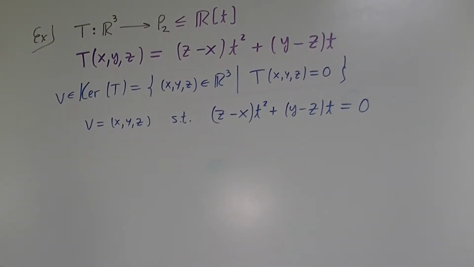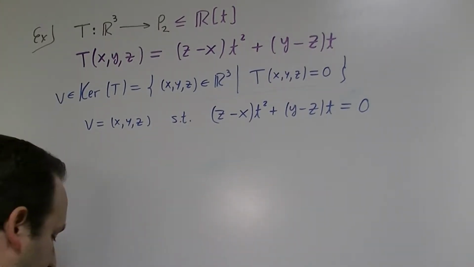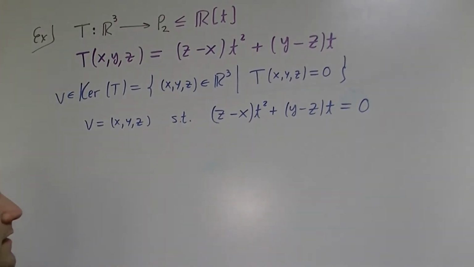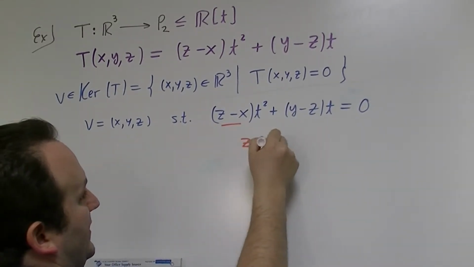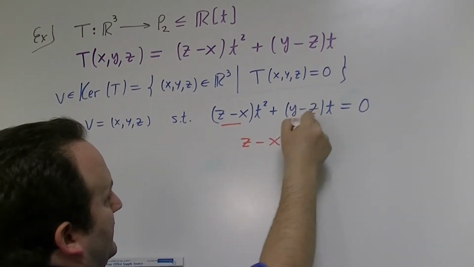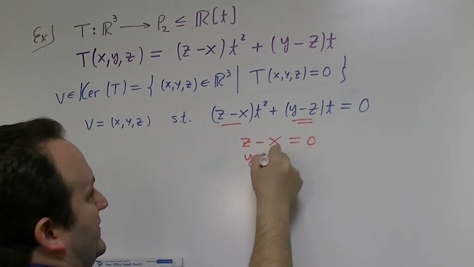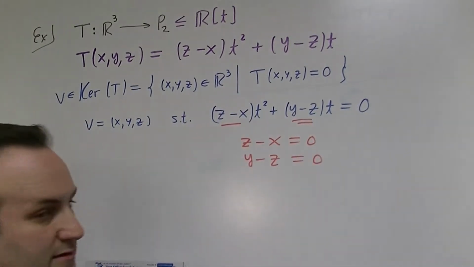Now that's a polynomial equation. The only way I can have a quadratic polynomial equal to 0 is if each of the coefficients is separately 0. So I can read from the coefficients: from this one I get z minus x is equal to 0, and from this one I get y minus z is equal to 0.